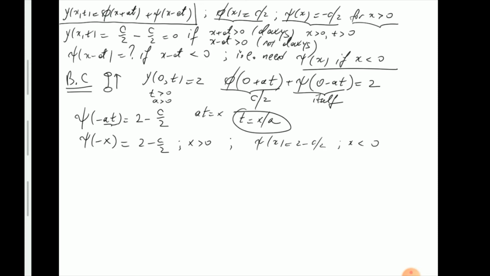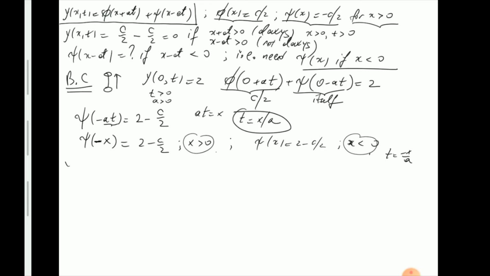So you can bring the negative sign inside the t, for example. In that case, you would replace t with minus x over a. But that's just semantics. Whether you call x a negative argument, or you want to keep x positive, then you keep the minus out. Bottom line is that in the actual formula for the solution, you're going to need to write what psi is for a negative argument.